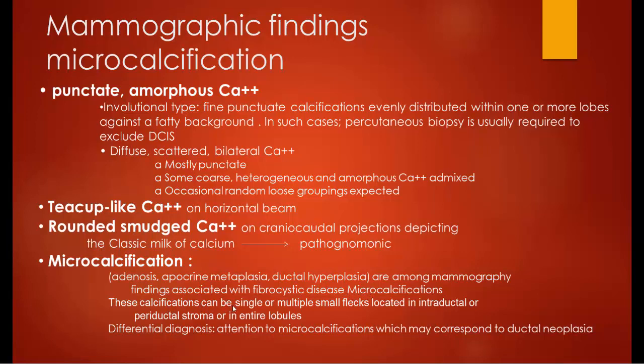This calcification may be single, multiple, small flecks located intraductal or periductal stroma or entire lobules. Differential diagnosis: attention to microcalcification which may correspond to ductal neoplasia. So if you cannot differentiate, you go to biopsy and tissue study. So mammographic findings of calcification may be punctate amorphous calcification, teacup-like calcification, round smudged calcification, microcalcification.